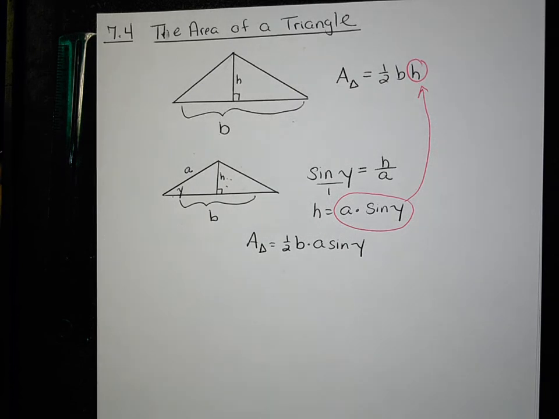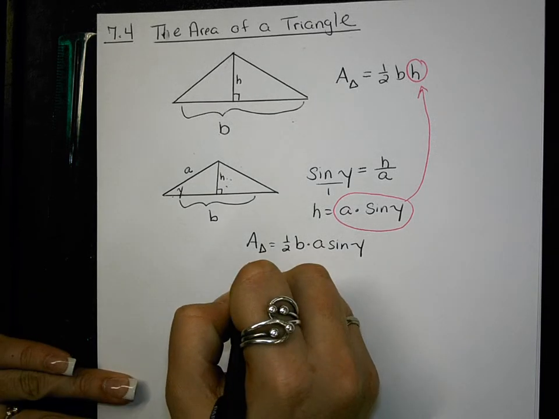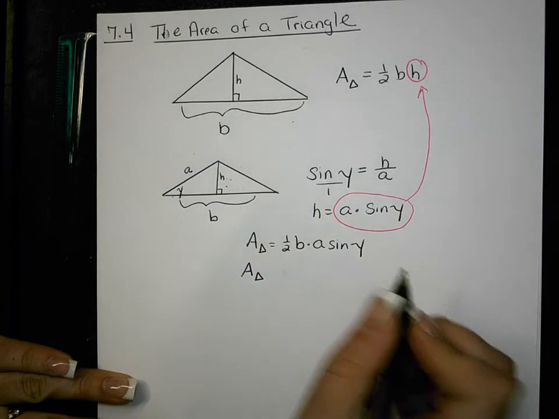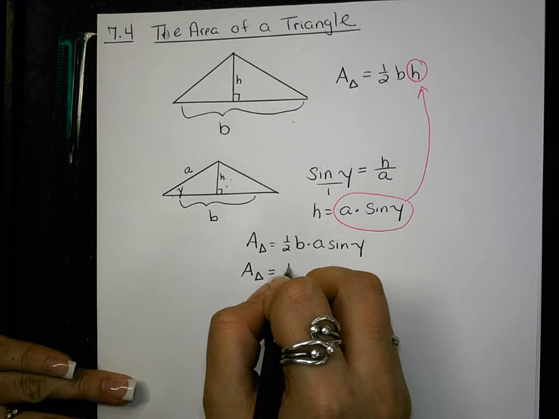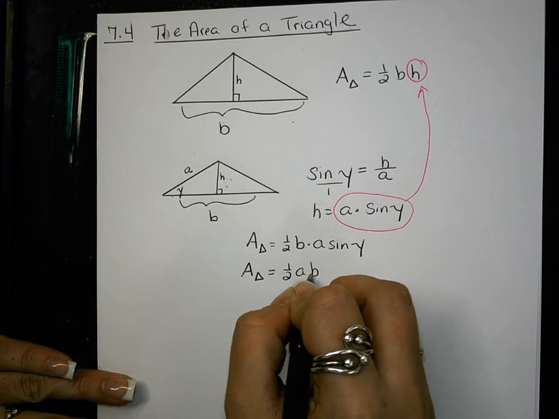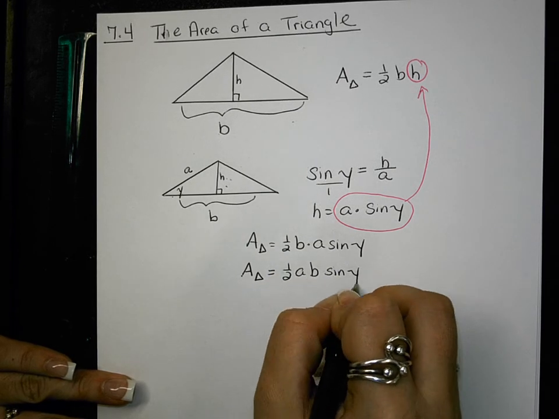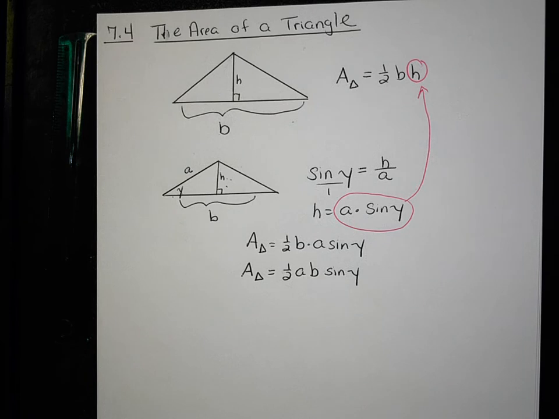Of course, we don't like to write B times A because we do everything in alphabetical order in math. So we're just going to rewrite this in normal order: 1/2 AB sine gamma. So this is actually our new formula for area of a triangle.